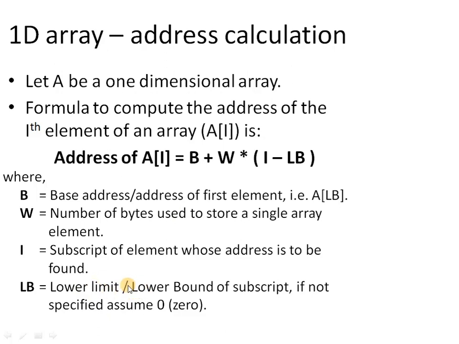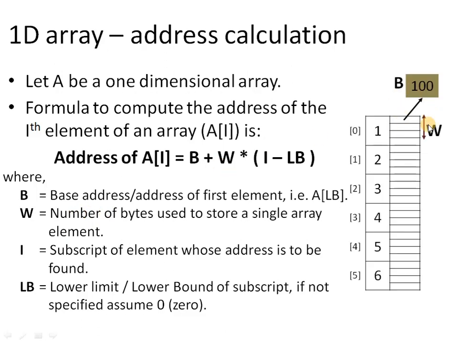If it is not given, then the lower bound should be taken as 0. I is the index whose address is to be computed. B is the array's base address, that is the address of the first element of the array, and W is the number of bytes required to store a single array element.